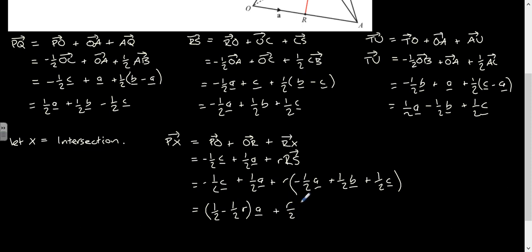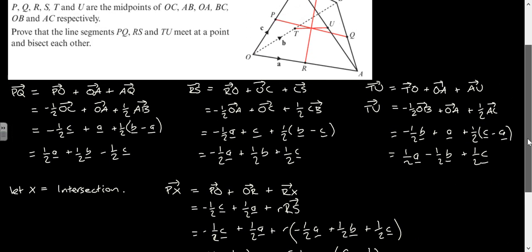So R over 2 B. And then with C's, we've got R over 2 minus 1/2. So we've got plus R over 2 minus 1/2 C. Okay, so that's my journey from P to X, and that's going along the vector RS.